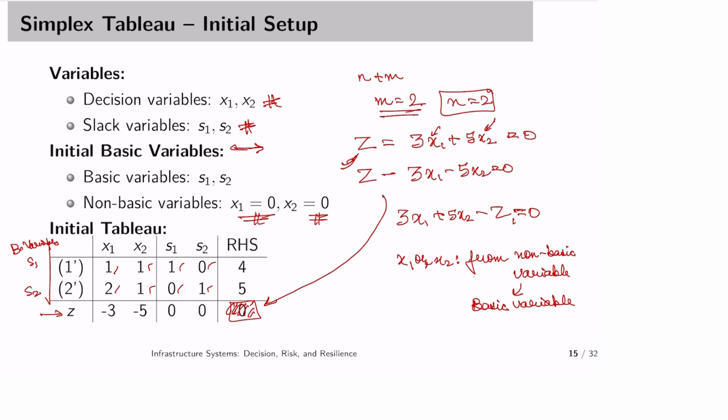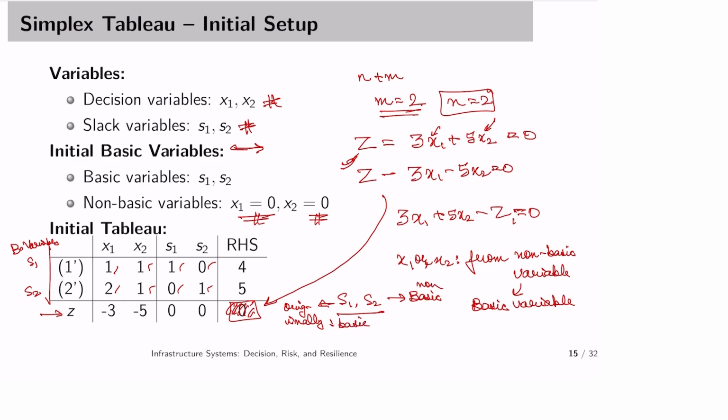And if we make one of them basic, either S1 or S2 has to be made a non-basic variable, which were originally basic variables.